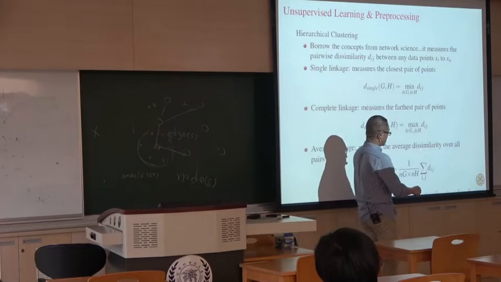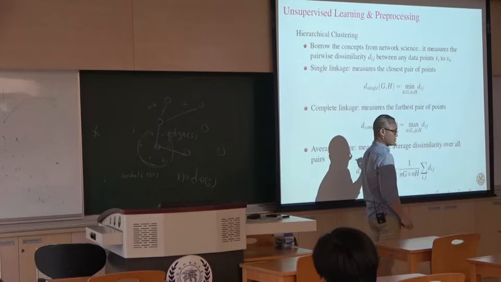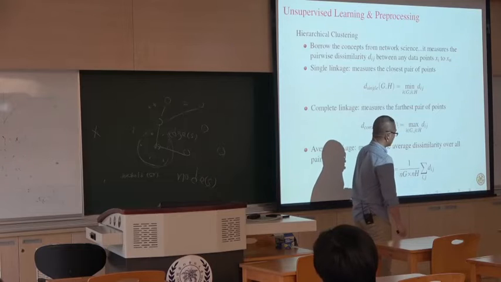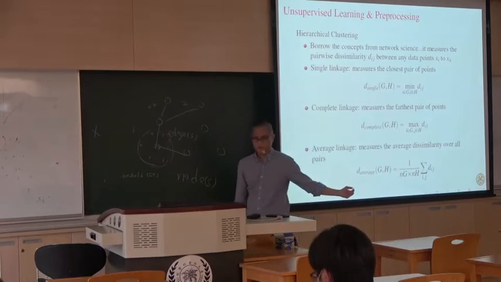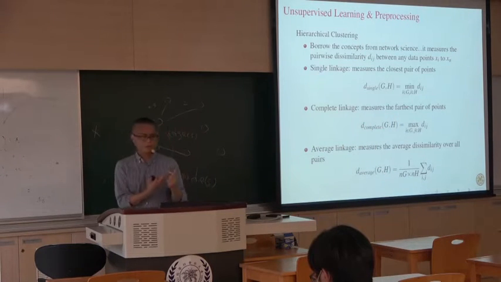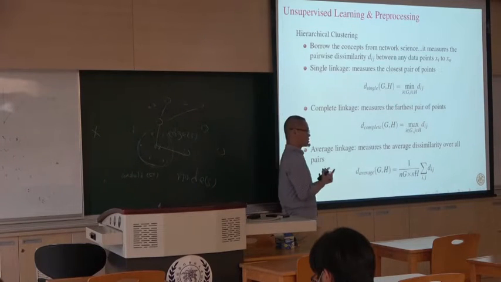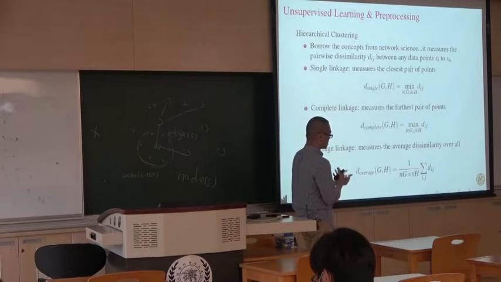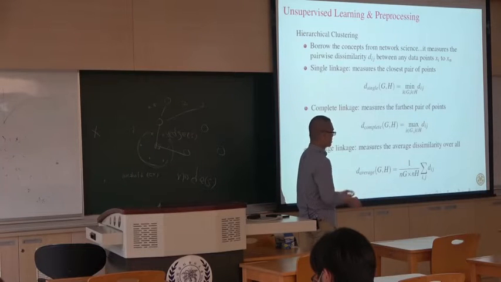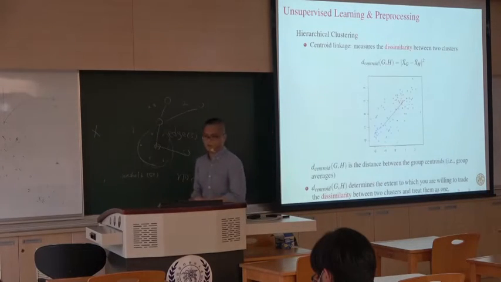Dissimilarity is increasing in the distance between two data points, so you can say it's simply a function of the distance. Data points that fall far apart are more dissimilar, and data points that are much closer are more similar. That's how we interpret it.